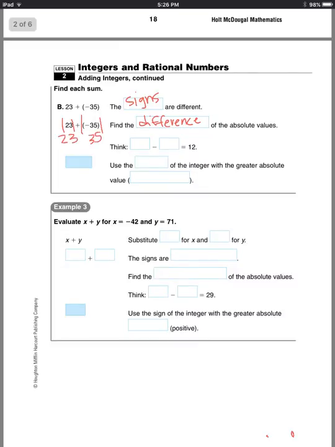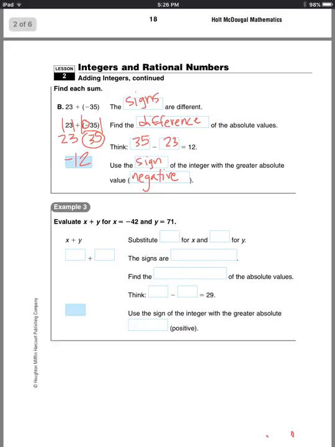Because 35 is bigger, that's going to go first in our think, and 23 is going to follow it. 35 minus 23 is 12. And we're going to use the sign of the integer with the greater absolute value. Okay? This number's bigger in our absolute value, and that number had a negative sign in front of it. So our answer is going to be negative. So we're going to get -12.